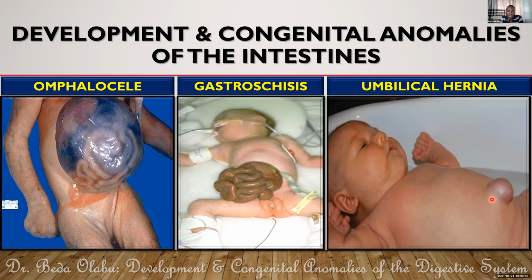So if the umbilical defect does not close appropriately, then we have umbilical hernia. It is a defect through which abdominal organs can still be popping out and going back. Like when you laugh or when you strain, it bulges, and when you are lying flat, relaxed, it goes scaphoid. That's umbilical hernia.